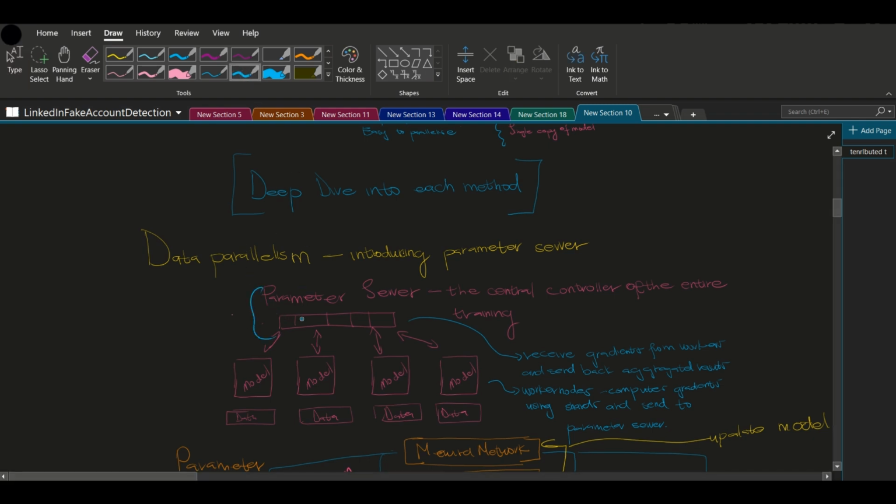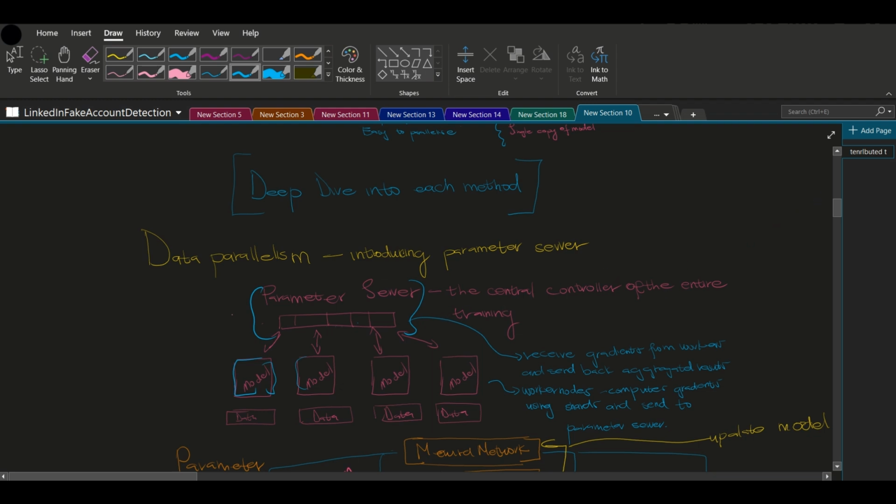I'm going to explain the workers now, but its main responsibility is to receive the gradients from all the workers, and then it aggregates them and sends them back so that the models in these workers can update their weights.